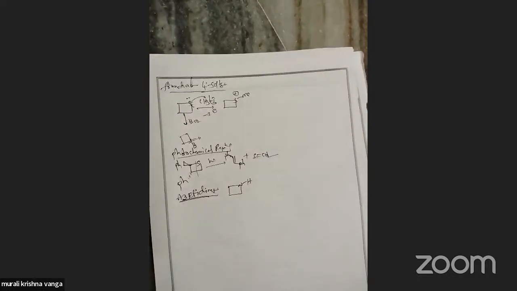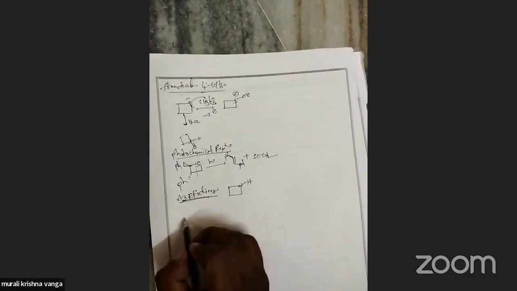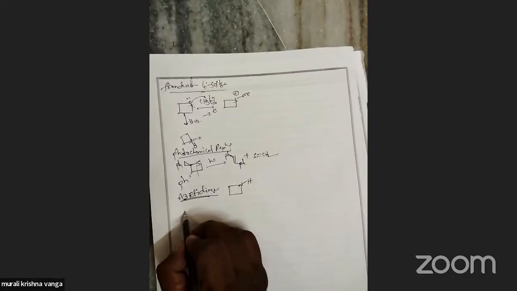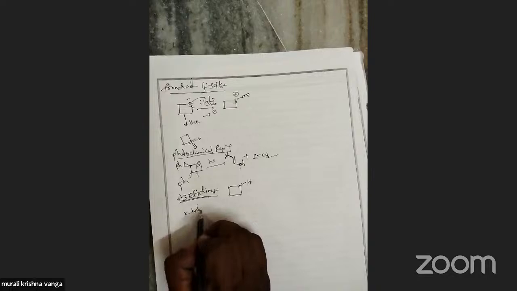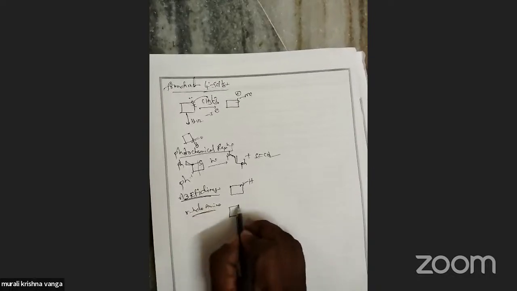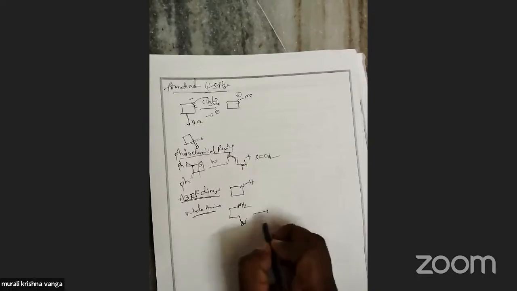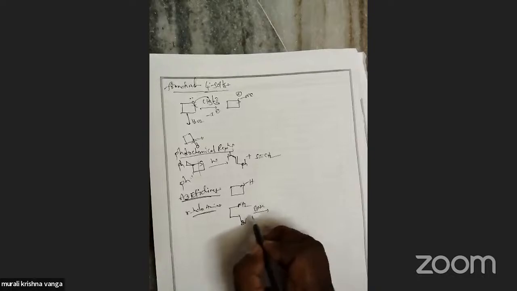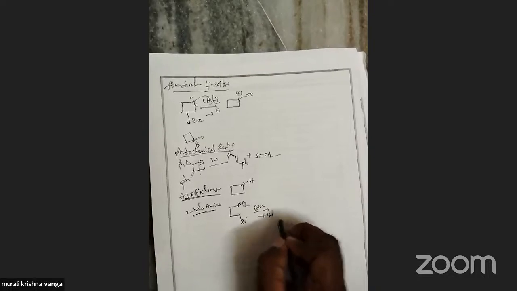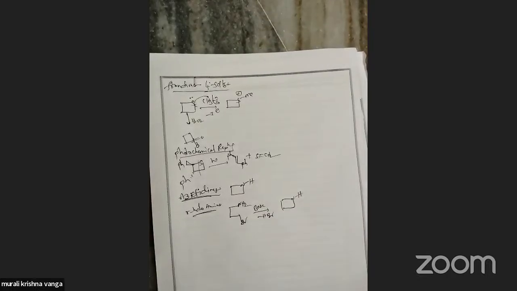These azetidines can be prepared from gamma-haloamines. Gamma-haloamines react with base, with elimination of HBr, and form azetidine as the product.